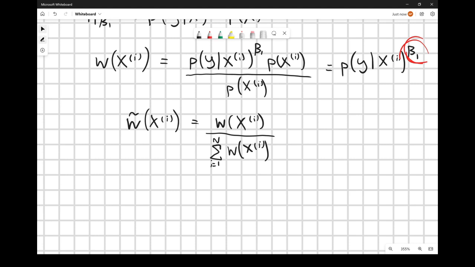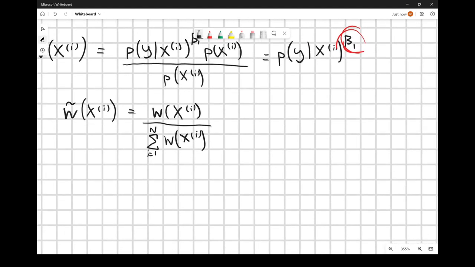And then we calculate something. We use those normalized importance weights to calculate quantities of interest, the mean or variance of x. But we can also use those normalized weights to calculate what we call the effective sample size, which is equal to 1 over the summation over all of our samples of our normalized weights.